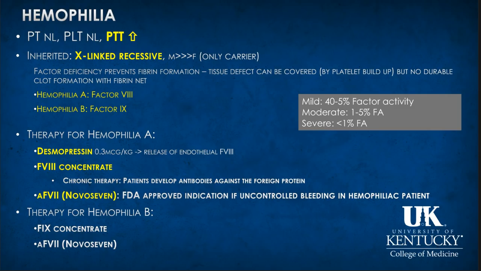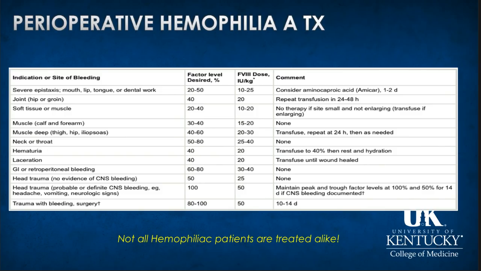And NovoSeven actually treats hemophilia A and hemophilia B. Hemophilia A, if you have a patient like that, you may want to get a hematology consult, because depending on what kind of procedure you are planning and what kind of factor activity your patient has, that may define the treatment.